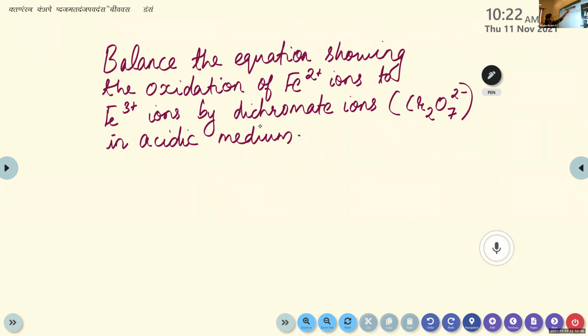So this one is the question. Balance the equation showing the oxidation of Fe2 plus ions to Fe3 plus ions by dichromate ions in acidic medium.